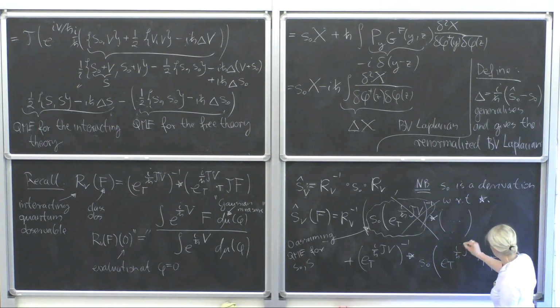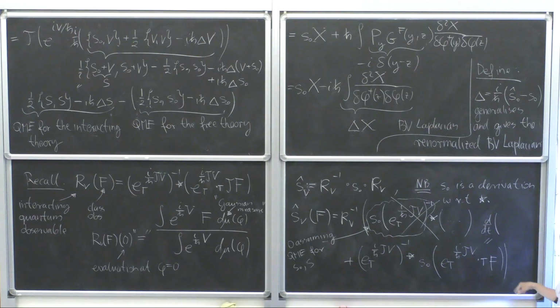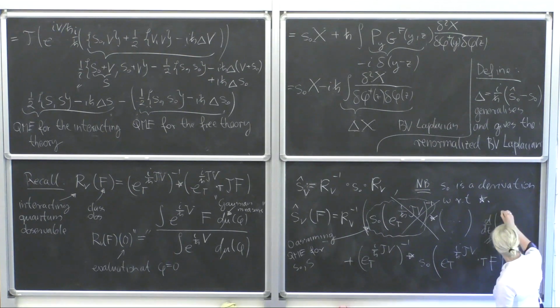And here I'm going to write it as follows. So this is d over dt. I'm going to write it as a derivative of an exponential. So i over h bar (tV + tF), okay? It's proportional, right? There are some i over h bars.